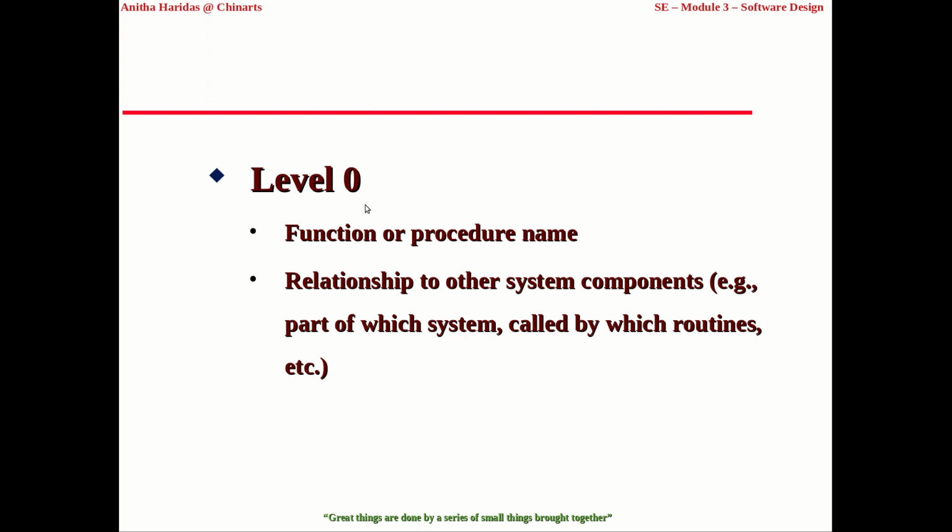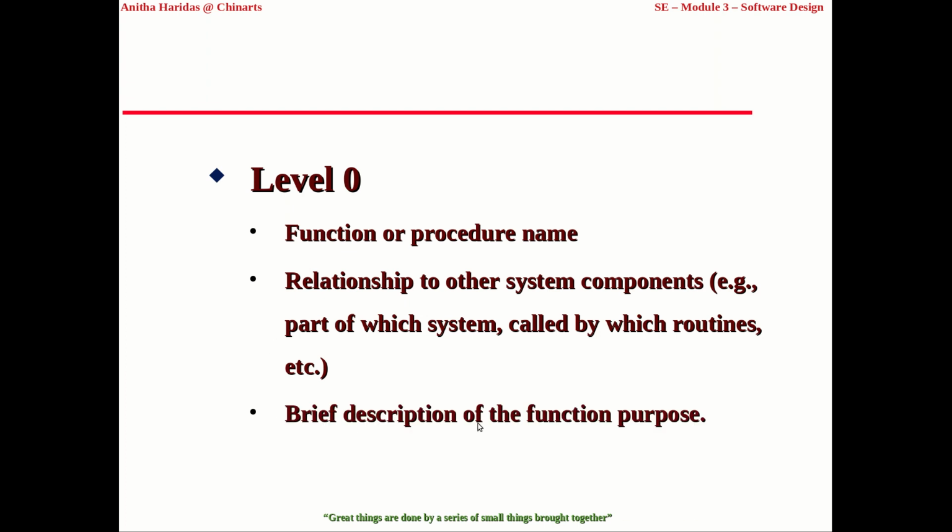Suppose, for example, you call a function admission process. What is the relationship of admission process to other system components? Say you have another system component like fee management. What is the relationship between admission process and fee management? That can be specified here.